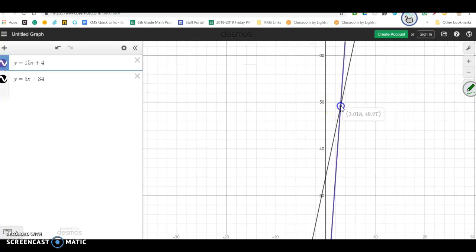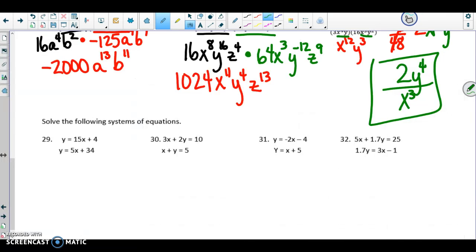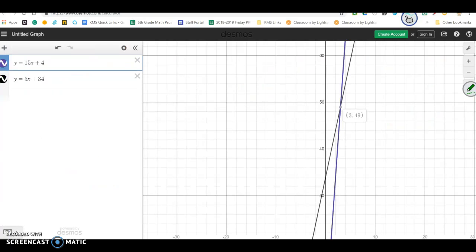Looks like it's way up here. I had to adjust. So 3 and 49. So my solution for this would be 3, 49. Okay. The next one, I'm going to go ahead and just exit out of those.